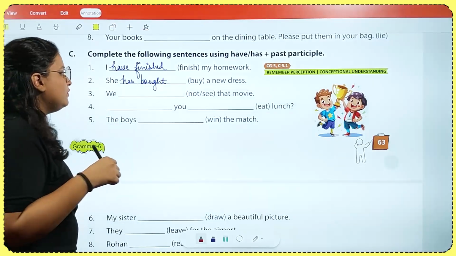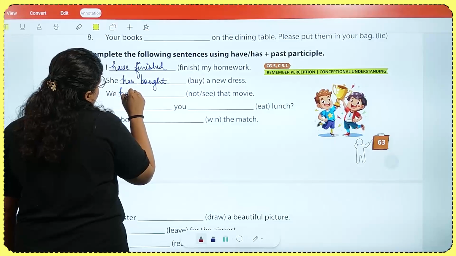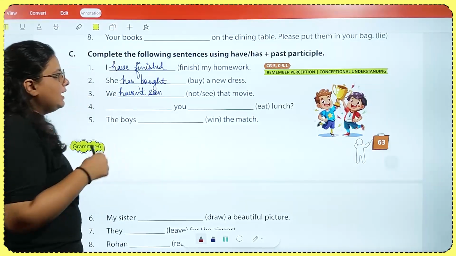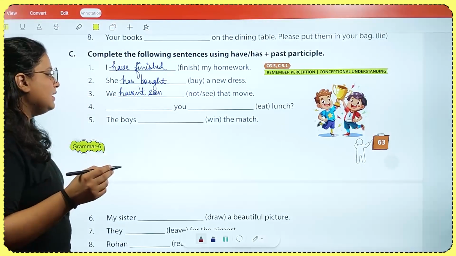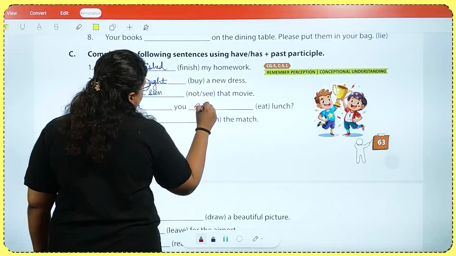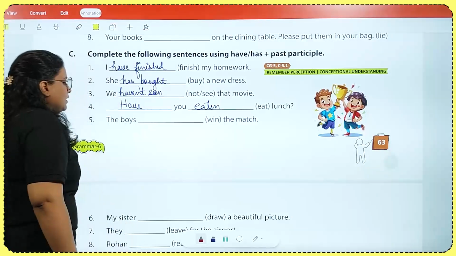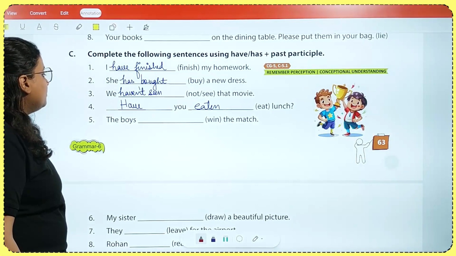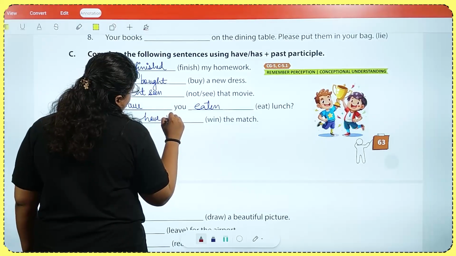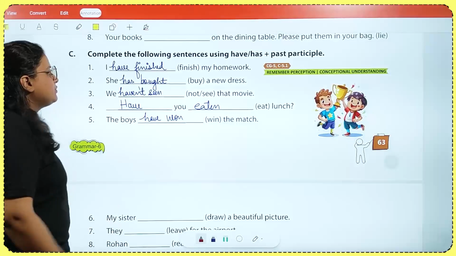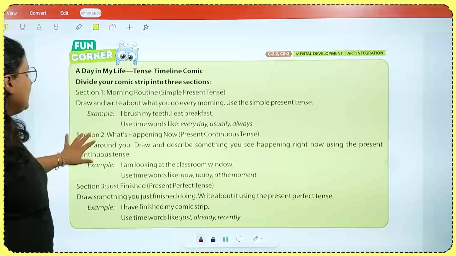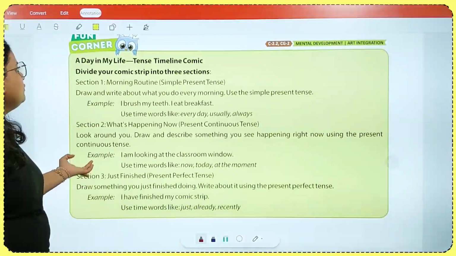We haven't seen that movie. Have you eaten lunch? The boys have won the match. Okay. The rest you can do on your own, and this is a fun activity for you to perform.